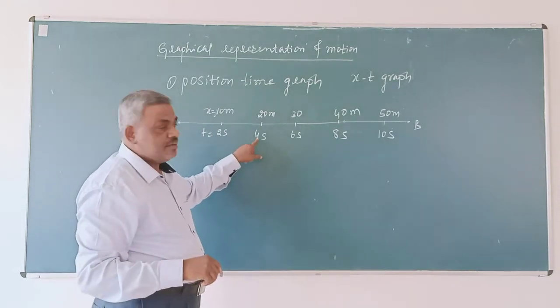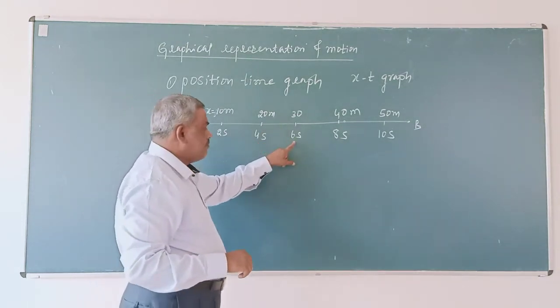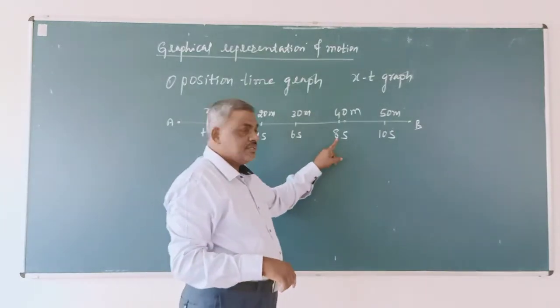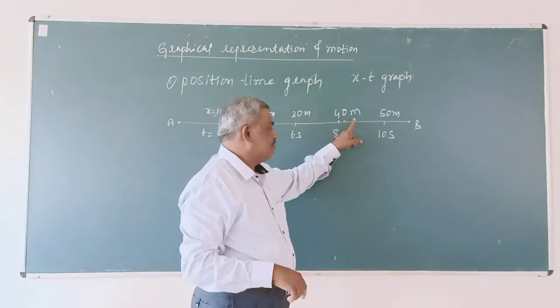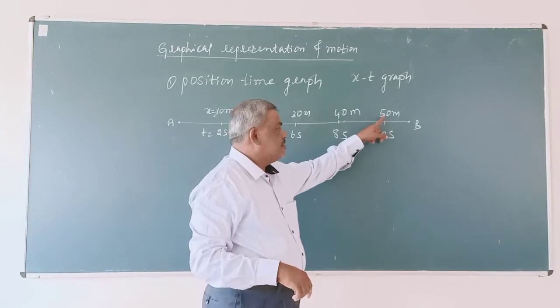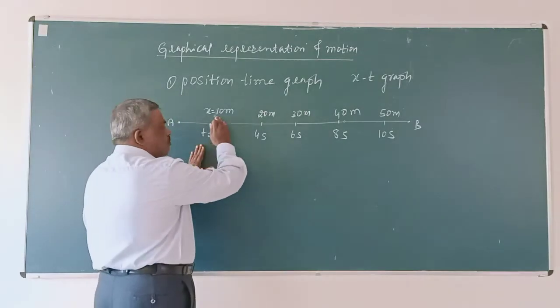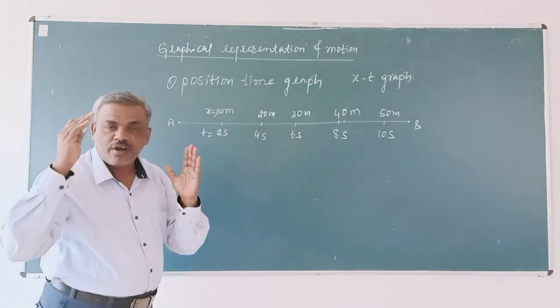After 4 seconds, 20 meters. After 6 seconds, 30 meters. After 8 seconds, 40 meters. After 10 seconds, 50 meters. Now you record the time and position, and now you plot the graph.